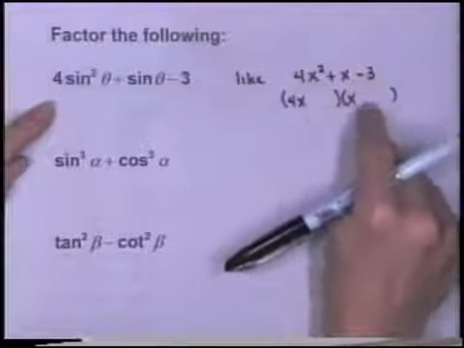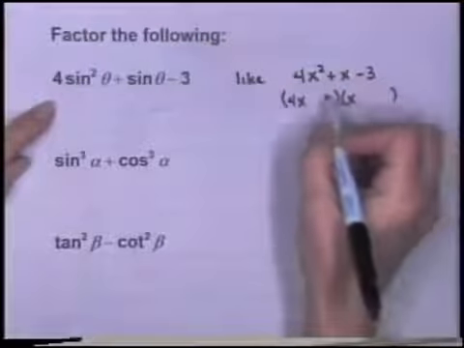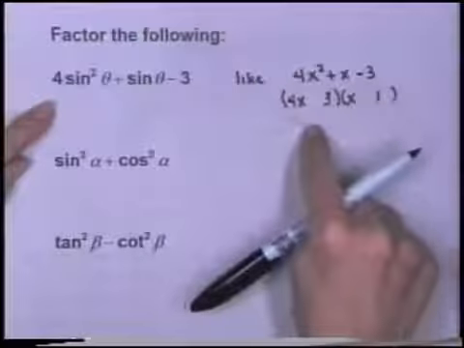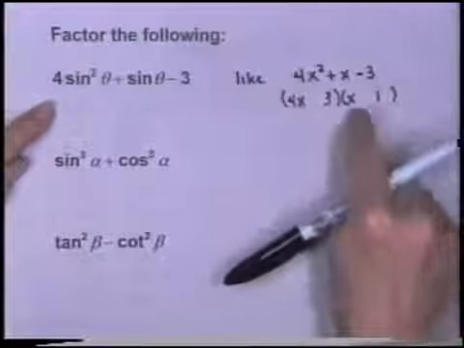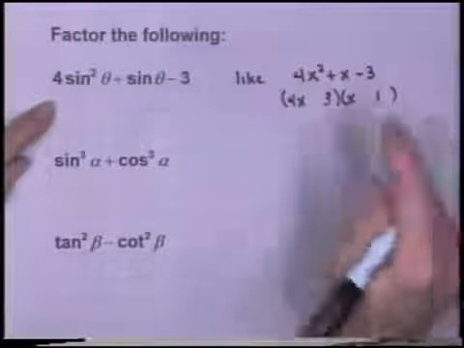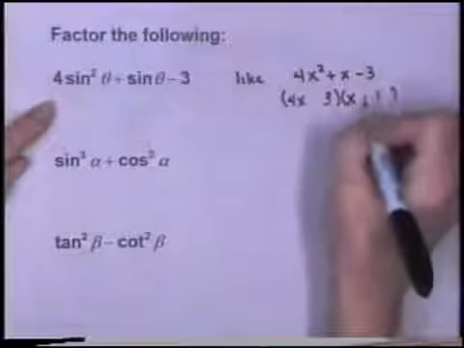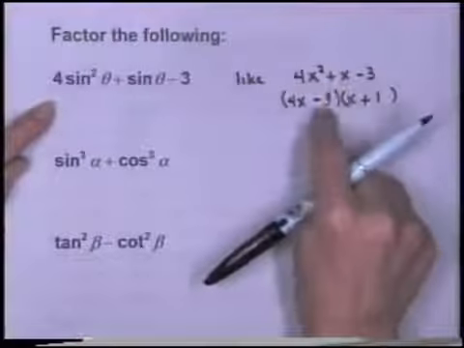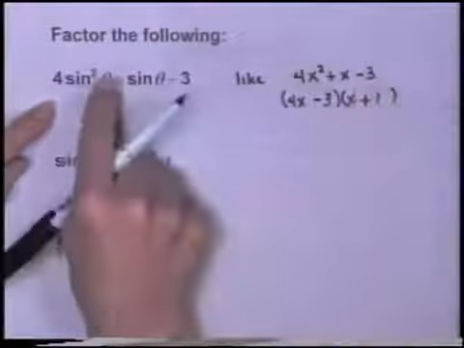And because of the negative on the 3, I know these are opposite signs. Notice if we put a 3 in that factor with the 4 and 1 over here, we have a 4x for the outside product, 3x for the inside. If we put our positive over here with our 1, we have a plus 4x, put the negative here, minus 3x is 1x, and then we have our negative 3.